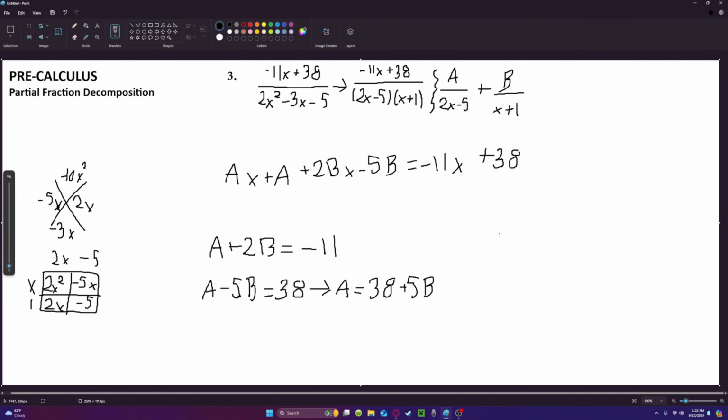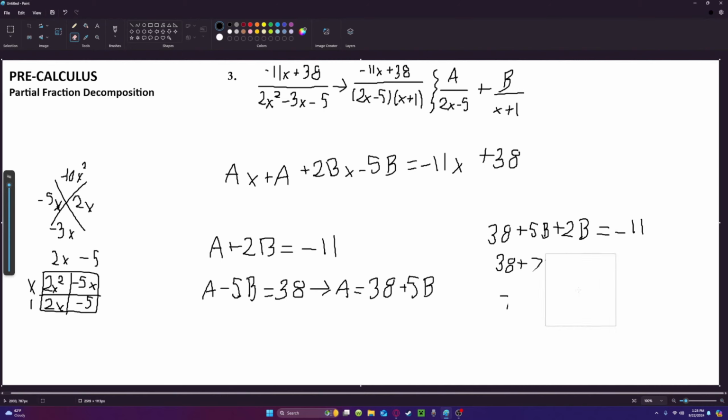So then we have 38 plus 5b plus 2b equals negative 11. We get 38 plus 7b equals negative 11. And then from here, we subtract the 38, so then we get 7b equals negative 49, and then b equals negative 7.